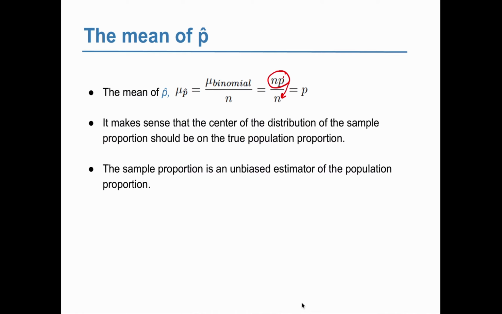If we divide that by n, we get that the mean of the sampling distribution of p hat is equal to the true population proportion p. And this makes sense because the sample proportion is an unbiased estimator of the population proportion. The mean of the sampling distribution is equal to the population parameter that we're estimating.